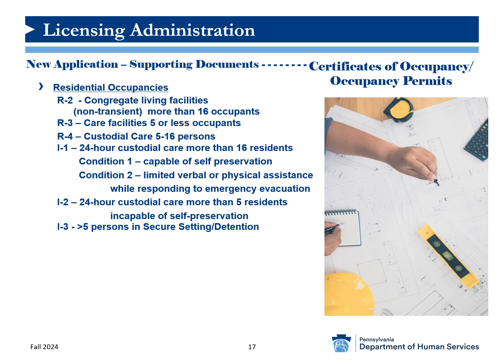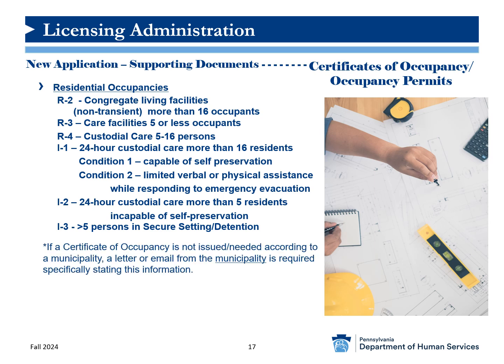But our primary concern is how the building is built and what type of fire safety is included in that building. So for residential facilities, those are what we look for.